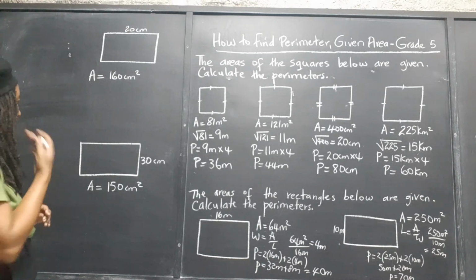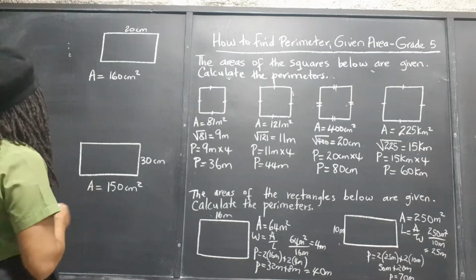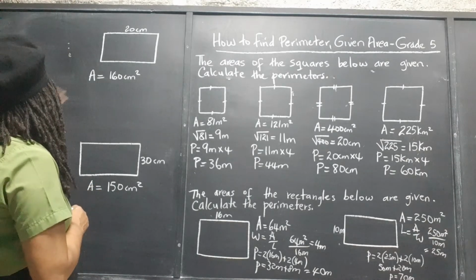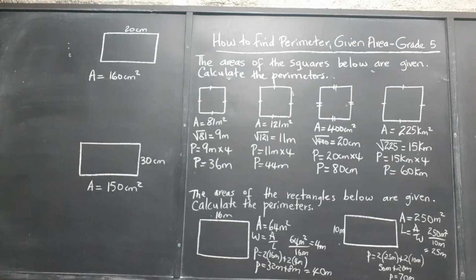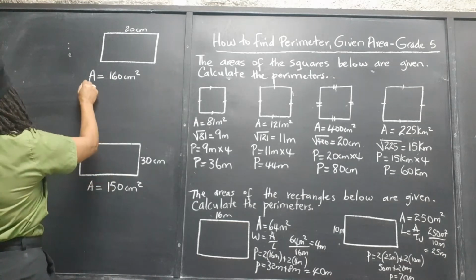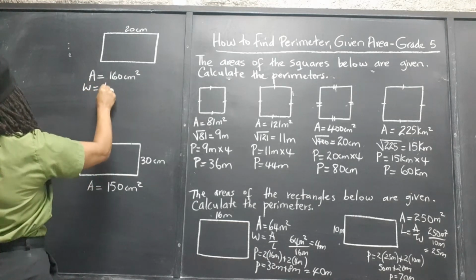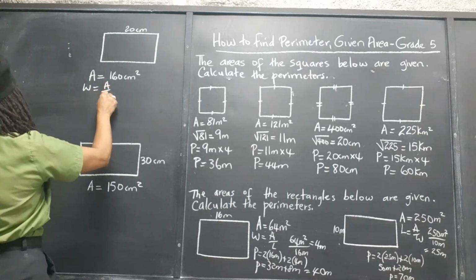Okay, so now we're given the length is 20 centimeters, the area is 160 centimeters squared. All right, so the width is the area divided by the length.